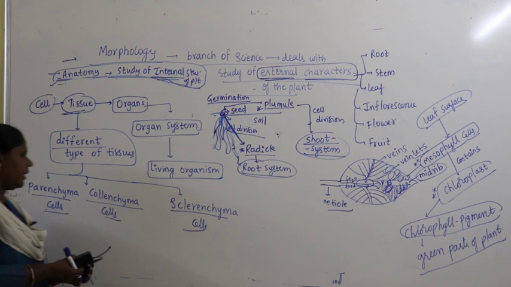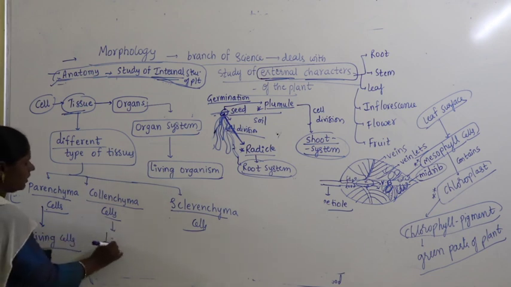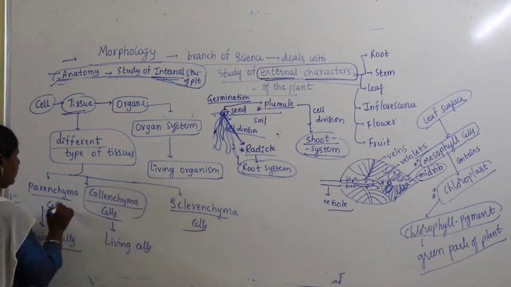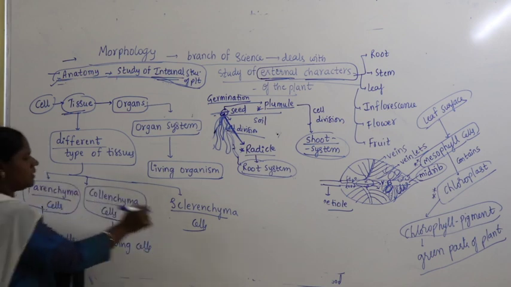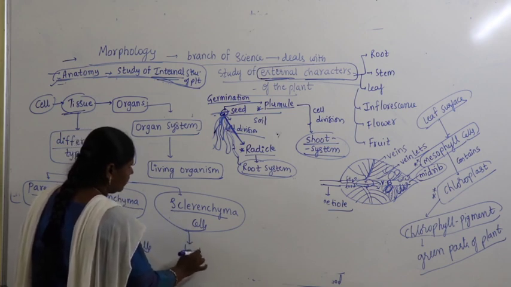If you look at them, parenchyma and collenchyma are living cells. Sclerenchyma cells constitute the dead tissue.